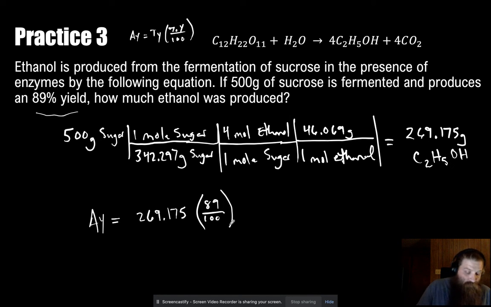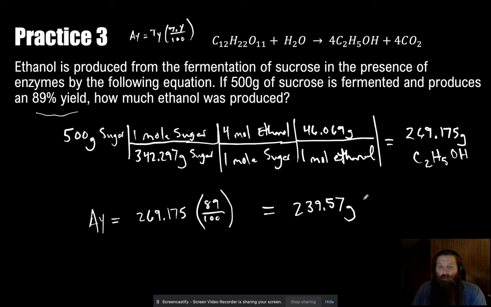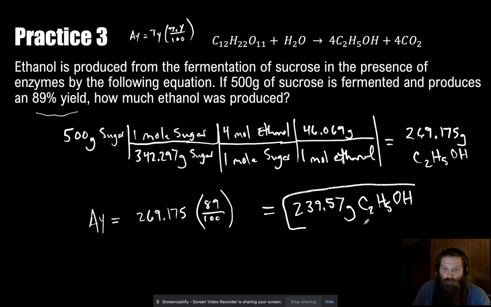And the calculator tells us our answer is 239.57 grams of C2H5OH. There it is. That is the actual yield. There we go.